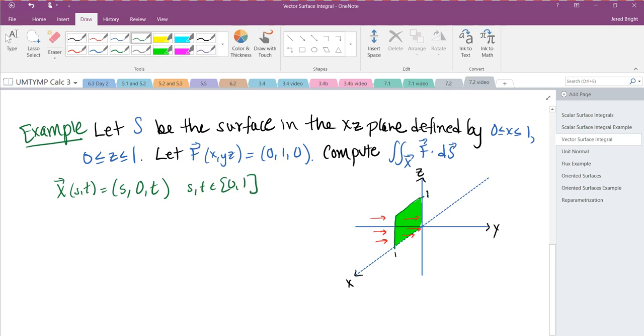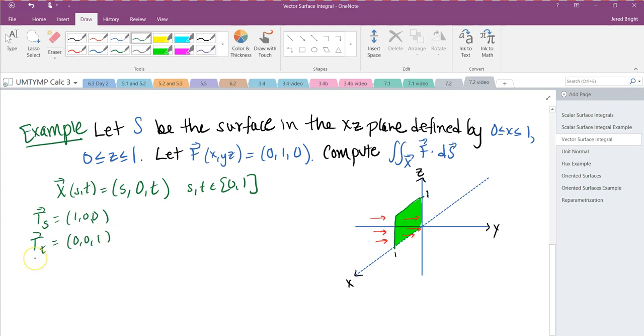The parameterization happens to be really nice. When I compute the tangent vectors, I get (1, 0, 0) and (0, 0, 1).